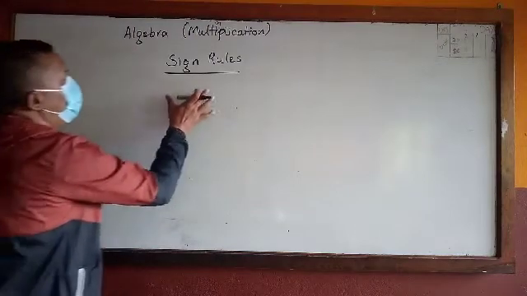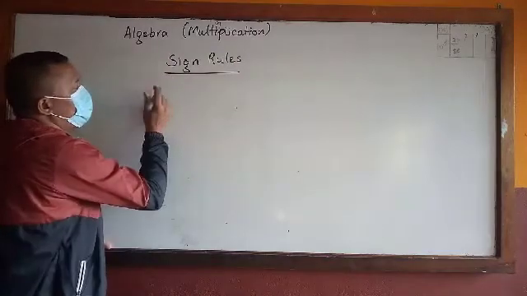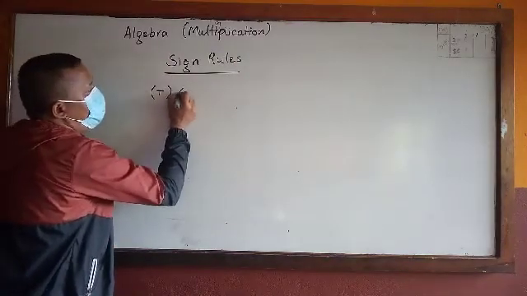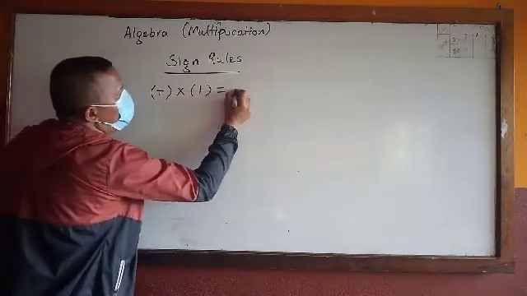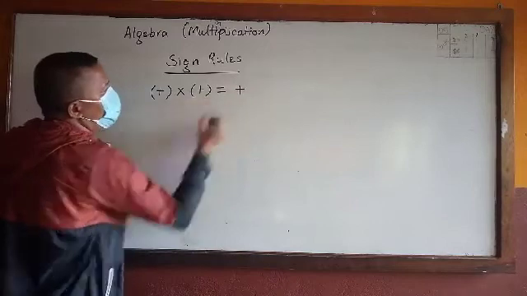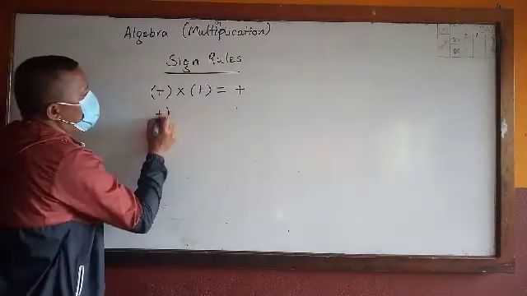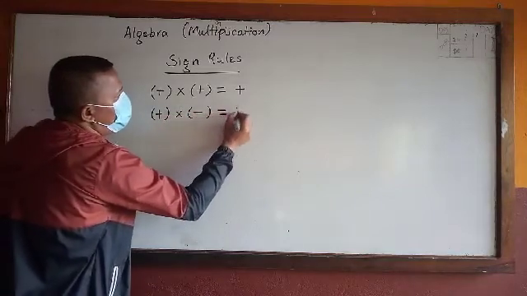Sign rules that are applied especially in multiplication and division. It will be like this. In bracket, plus into plus is equal to plus. Plus into minus is equal to minus.